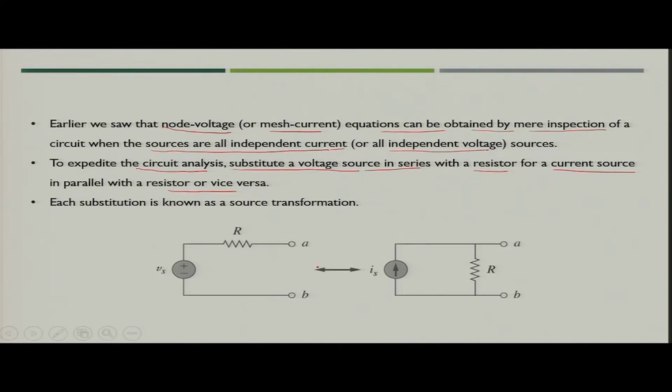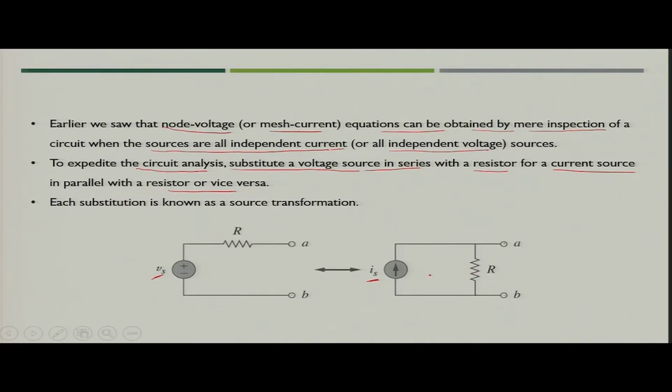Now, the source transformation technique says that if you have the same voltage current relationship at terminals A and B for both circuits, this can be represented as an equivalent circuit using one current source in parallel with resistance R. Next question would be how we find the value of Vs in terms of Is, or Is in terms of Vs, or whether the two resistances will remain the same or change.